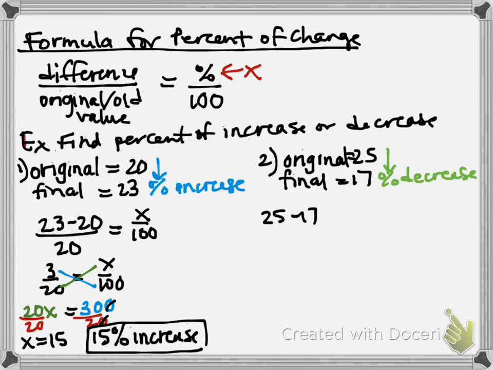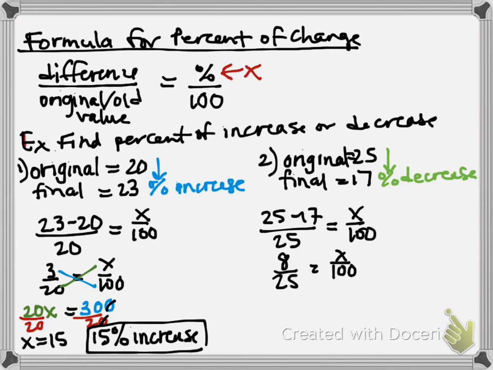So I have 25 take away 17, and I'm going to compare it back to the old number, back in my day, to 25. On the right side it's always x over 100. That's never going to change on that side, okay? Well, that's not true. It's always going to be divided by 100, and sometimes they'll give you that number that is the x value. So then I simplify, and I get 8 over 25 equals x over 100.